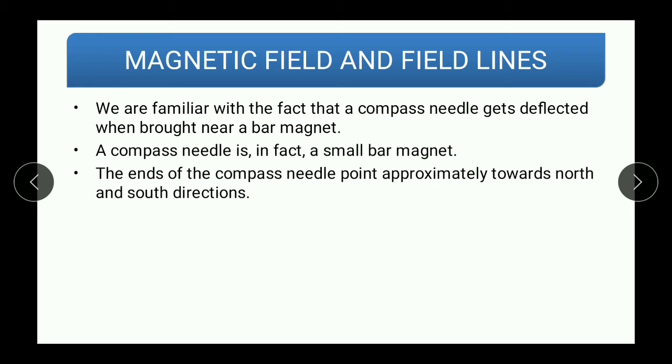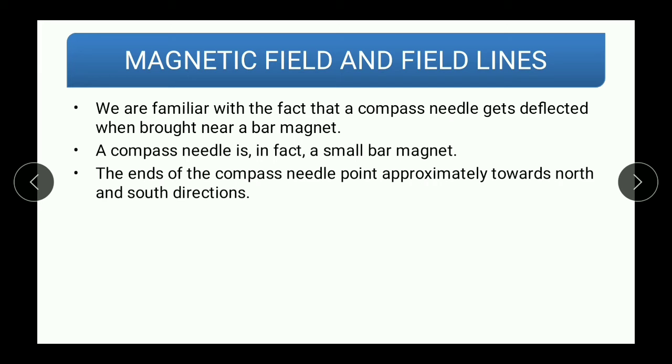And because of the law of attraction between opposite poles, the south pole of the needle gets attracted towards the north pole of the earth, and the north pole of the needle gets attracted towards the south pole of the earth.